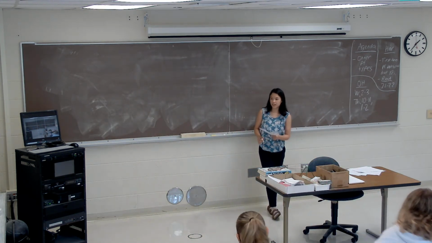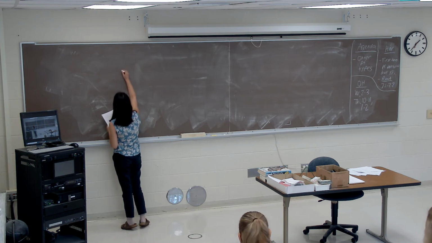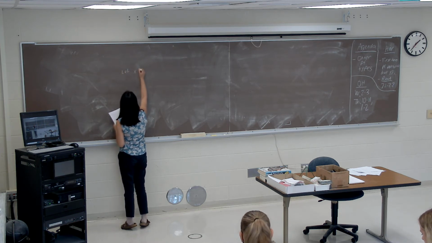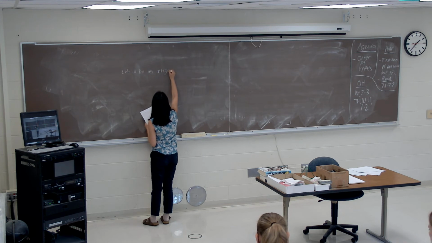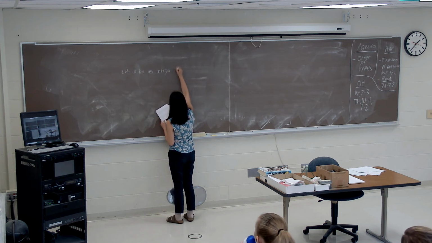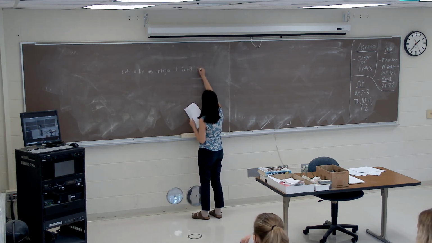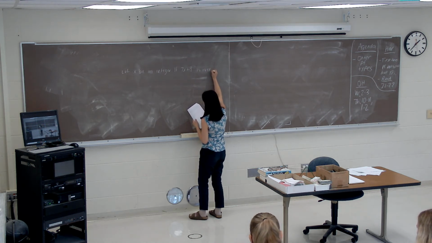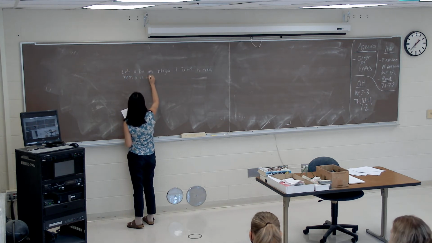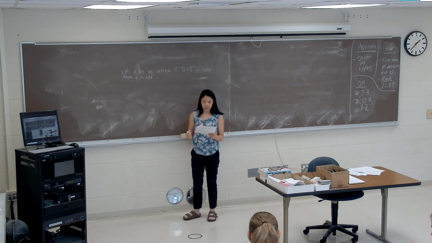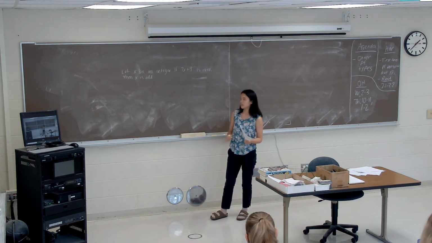I'm presenting the contrapositive proof. So we're trying to prove: let x be an integer, if 7x plus 9 is even, then x is odd.